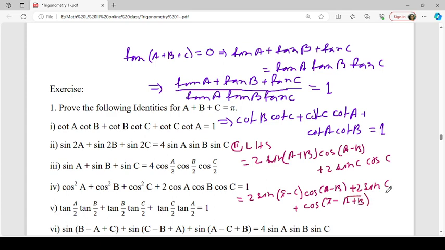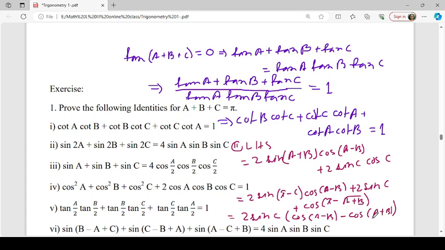So sin of pi minus c is sin c, so it is 2 sin c, this is also 2 sin c, we take it common, then first term is cos of a minus b, and second term, cos of pi minus theta is minus cos theta, so it is minus cos of a plus b.